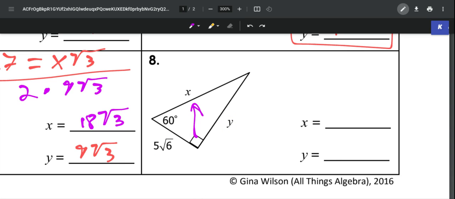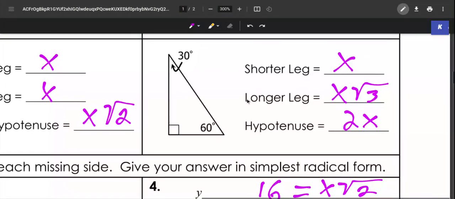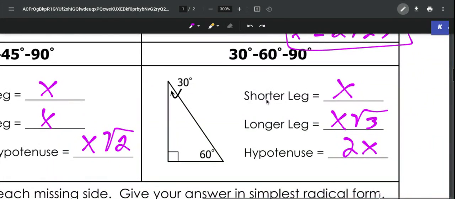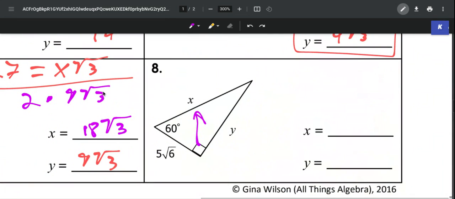So if our shorter leg is 5 radical 6, that means that in our general form, in our definitions, x is equal to 5 radical 6. So we don't really have to do any calculations with that. We know x equals 5 radical 6. Not this x, but our x just in general.